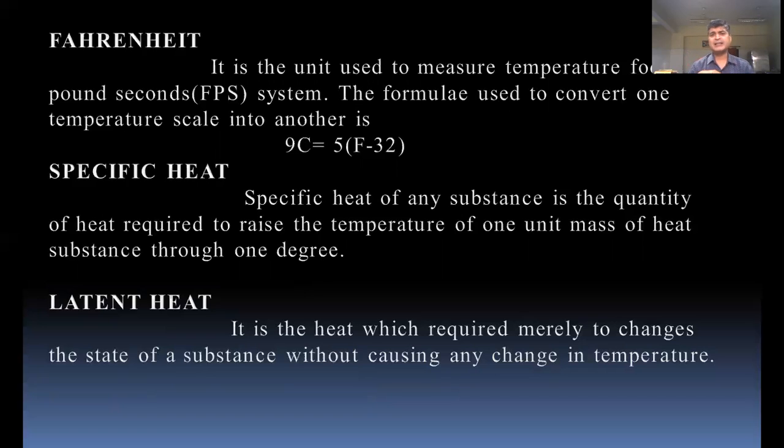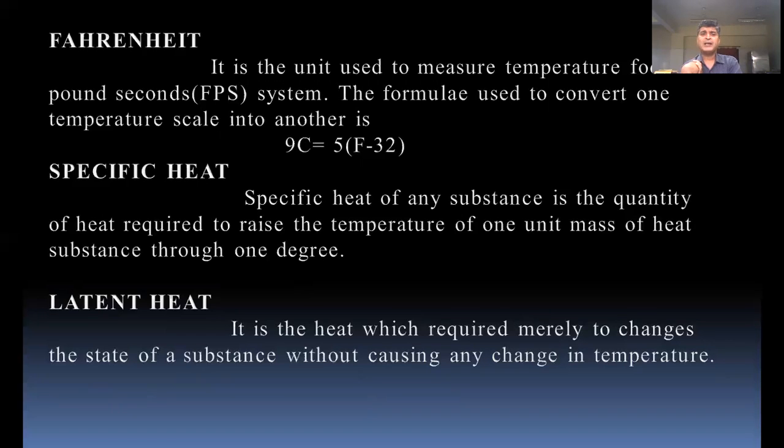Latent heat is the heat which is required merely to change the state of a substance without causing any change in temperature. It means if we are supposed to cook any material, the temperature remains constant while we cook our dish, which is an example of latent heat.